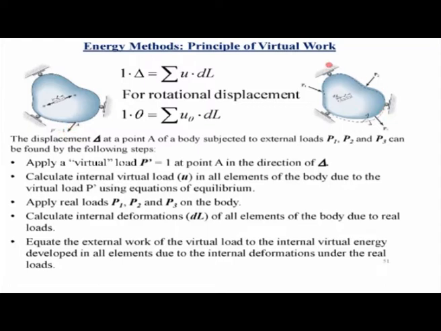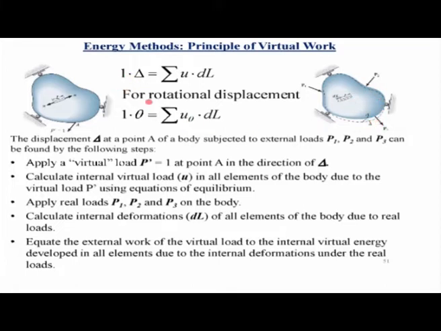The next step is we apply the actual loads. So apply the actual loads P1, P2 and P3. Now the virtual load is not there, and again we calculate the internal deformation in all the elements of that system due to the real loads. So now due to the real load it has undergone some deformation.